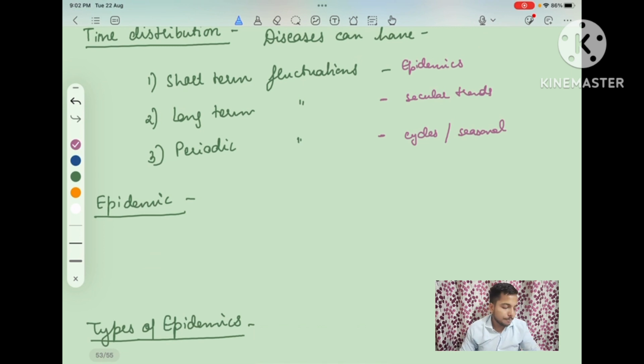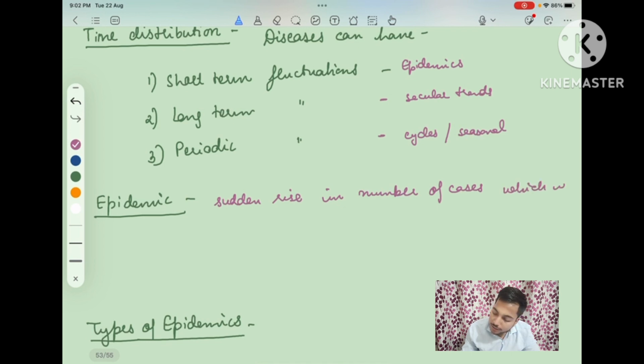Now talking about epidemic, this is a very important thing. What is an epidemic? An epidemic is a sudden rise in the number of cases which is clearly in excess. Now how much excess?